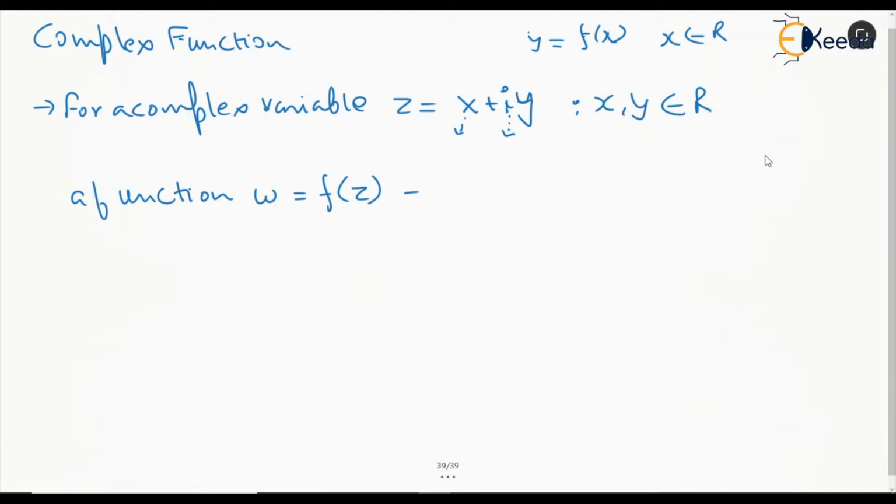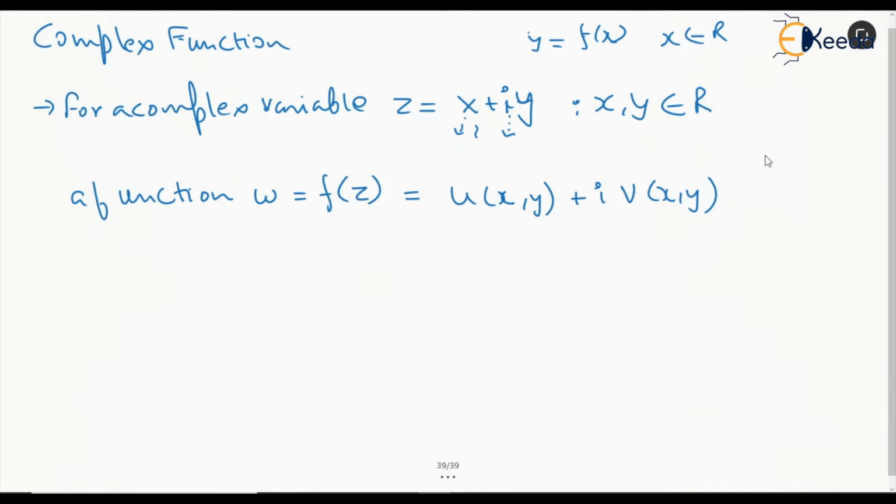So if we start putting z in the function as x plus iy, there are chances that we will get another function in terms of x and y, one which will be the real part and the other one which will be the imaginary part.